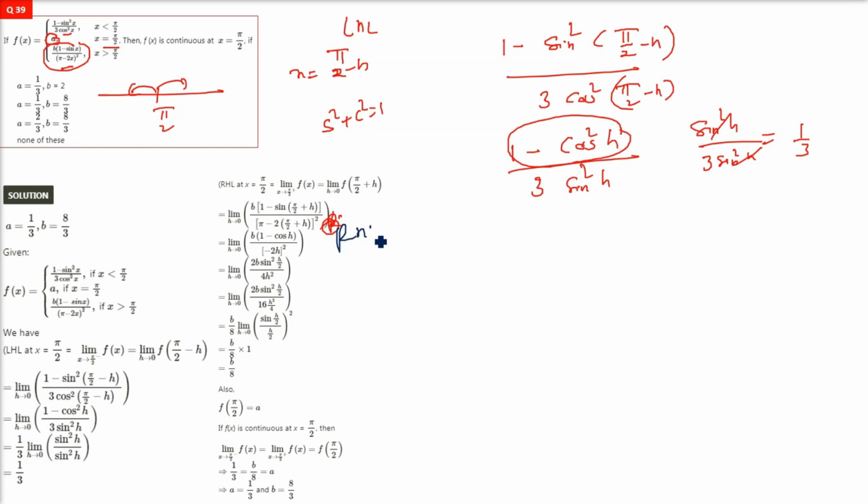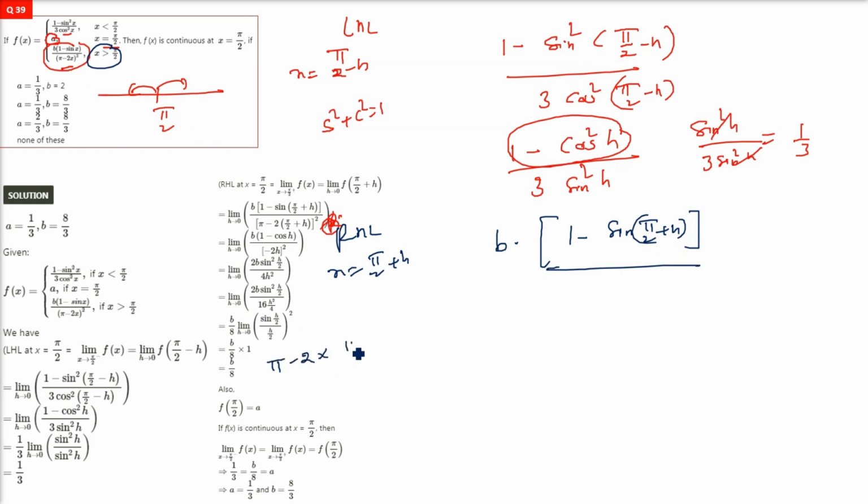So what does this right hand limit say? Just see here. Right hand limit we have to put this pi by 2 plus h. So b into 1 minus sine pi by 2 plus h, and then we have in the denominator pi minus 2 into pi by 2 plus h, and then pi minus 2 into pi by 2 minus 2h, so this 2 gets cancelled, and then you can have 4h square here.